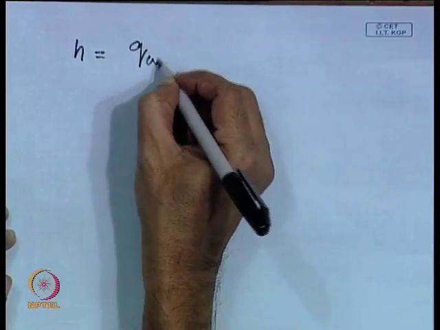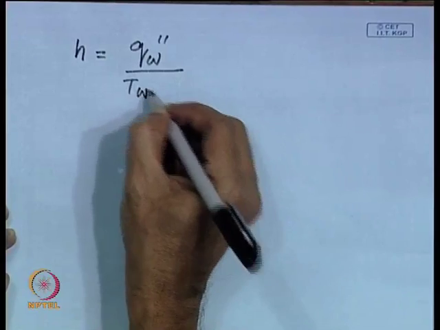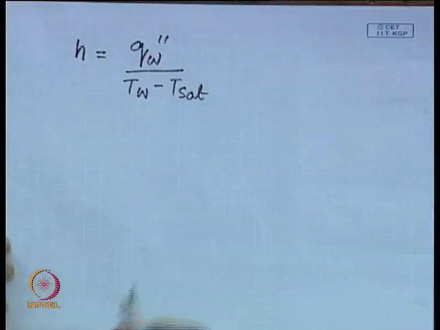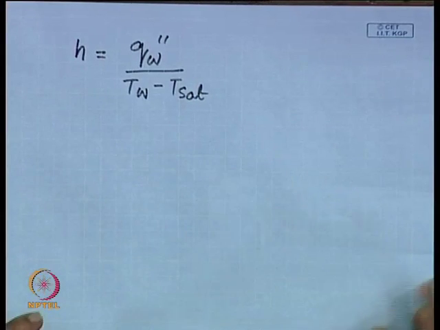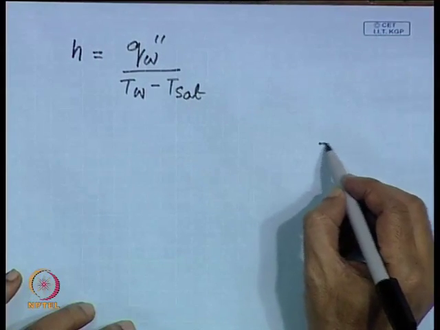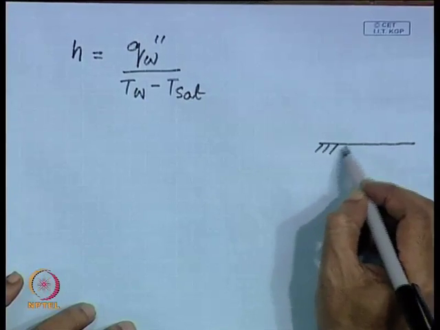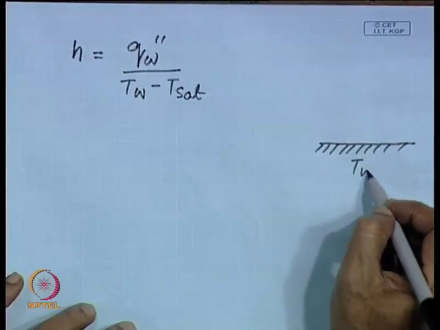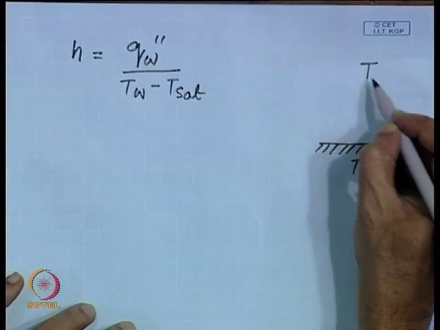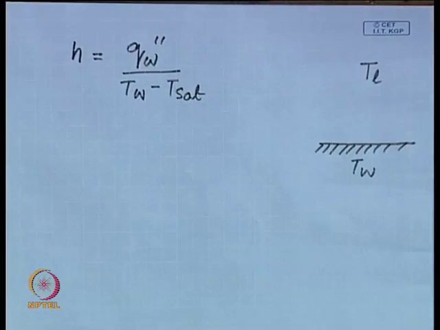Now, along with this, one can also define h, the heat transfer coefficient, that is q_w divided by (T_w minus T_sat). This is another important point which I need to discuss. In a boiling experiment, you can have the wall heated, the wall at a temperature T_w, and the bulk of the fluid at a temperature T_L. Now, this T_L need not be equal to the saturation temperature. T_L could be below the saturation temperature, it could be at a subcooled condition.